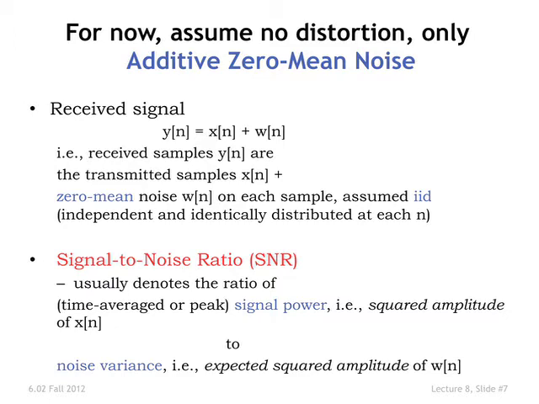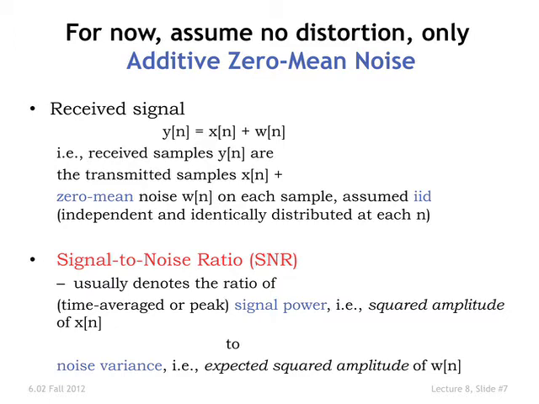Except you've got to decide, do you want to talk about the peak power or the time average power or some other measurement of the signal power. So that's the signal part of this ratio. And then the noise part of the ratio is the noise variance. Okay, so we have a noise component, w[n]. It's the expected squared amplitude of that.